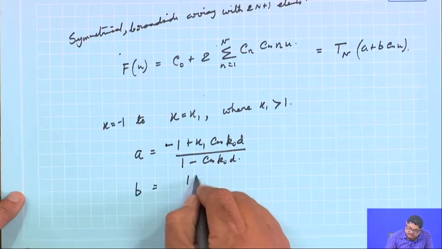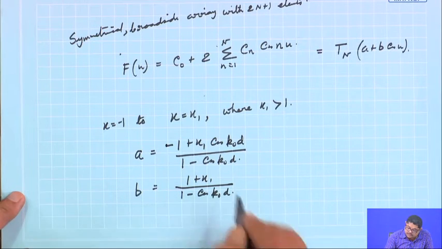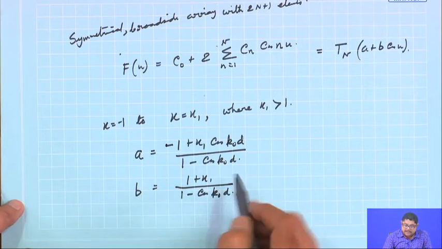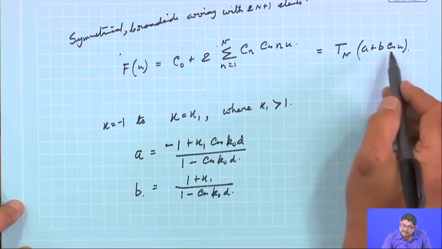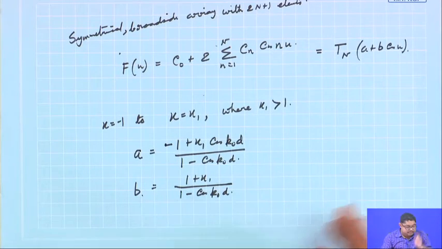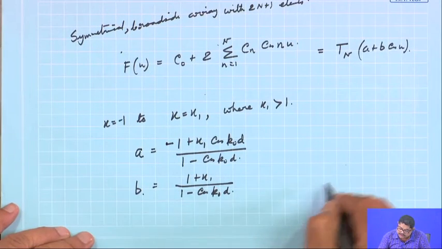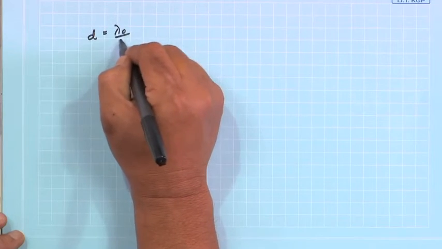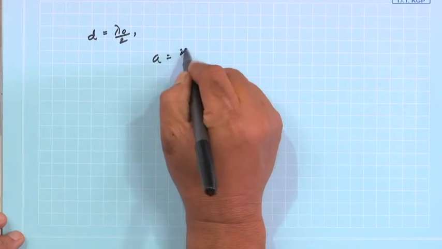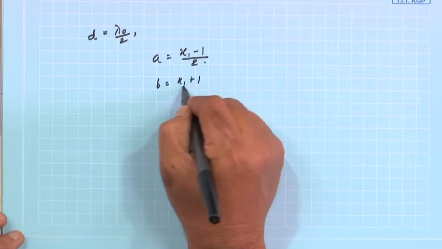And b is, so you see that once I can find x 1, a b can be determined. The moment a b can be determined, you can find out various things. If the d becomes lambda naught by 2, then A becomes x 1 minus 1 by 2, B is equal to x 1 plus 1 by 2.